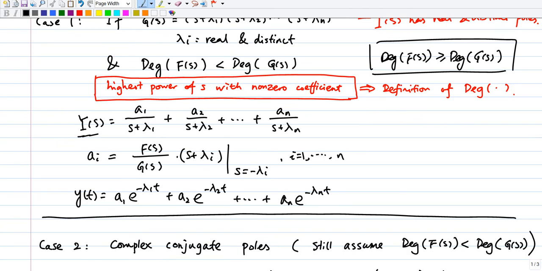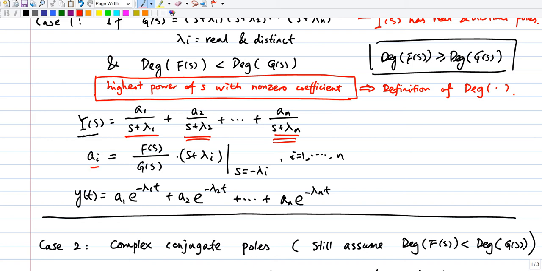We do this decomposition because for each term, its inverse is fairly easy to figure out. The unknown parameters a1, a2, up to an are computed from F(s) and G(s).